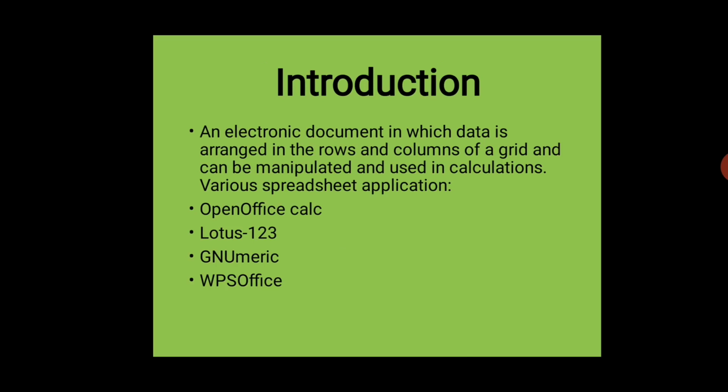This is generally used in offices and everywhere you can easily use it for calculations also. Some spreadsheet applications are OpenOffice Calc, Lotus 123, Gnumeric, WPS Office. In these applications you can easily do calculation work, and you can also save your data in a tabular form.